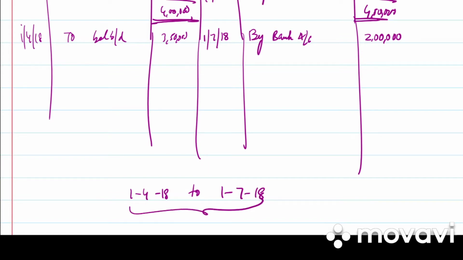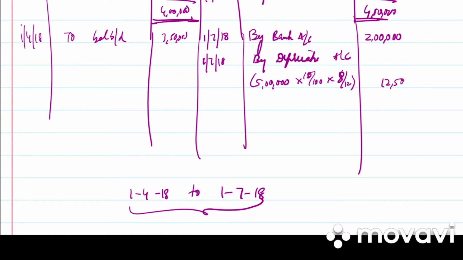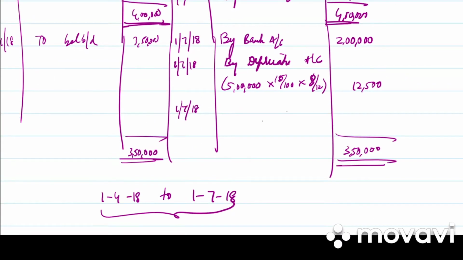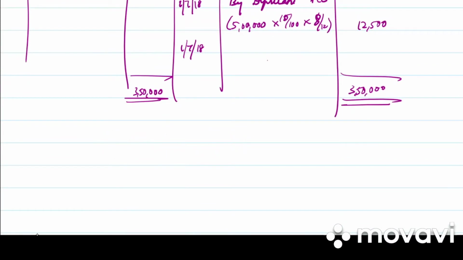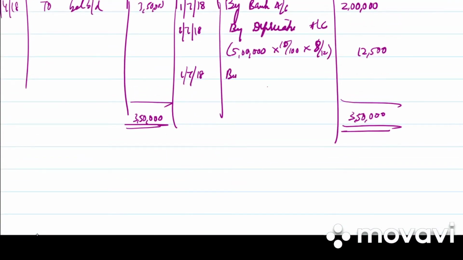That is from the date where the financial year starts till the date of sale of machinery. So how many months it is? On 1st July we will charge depreciation for 3 months. So it is 5 lakh into 10 by 100 into 3 by 12, that is 12,500.